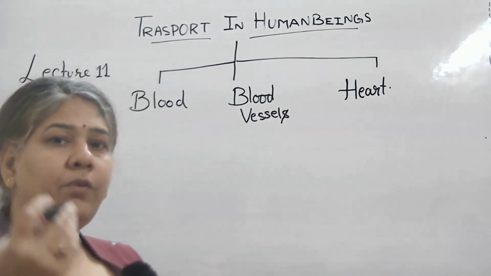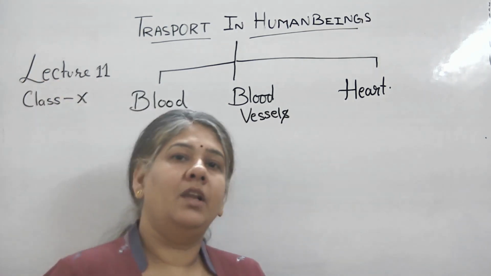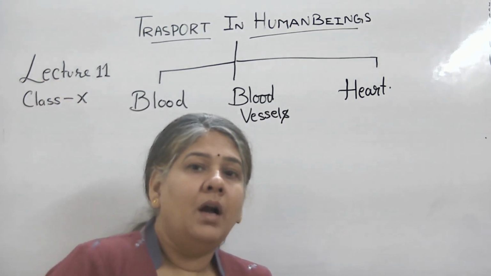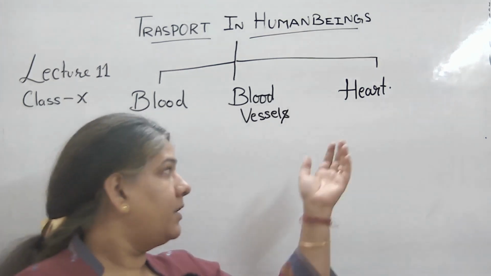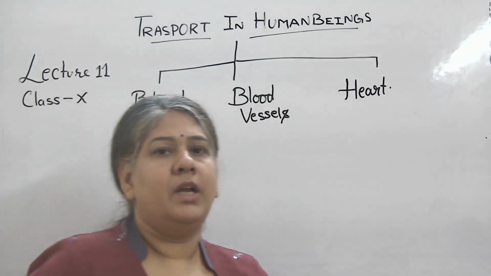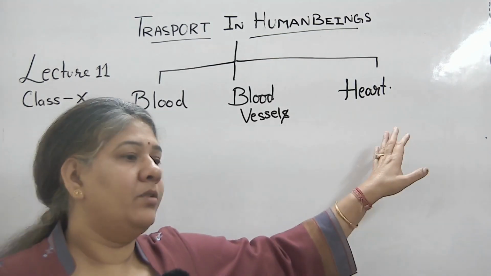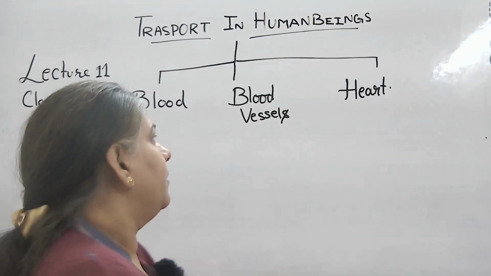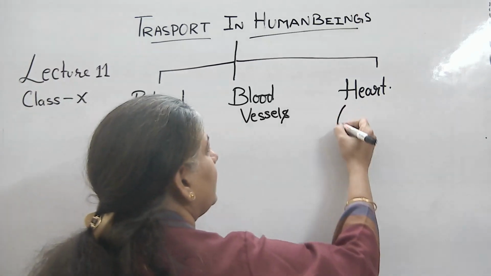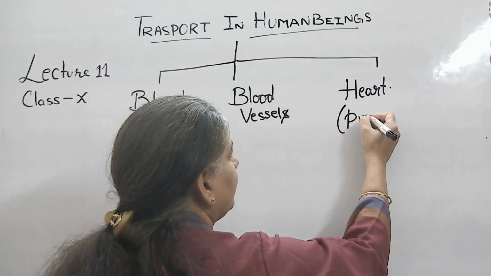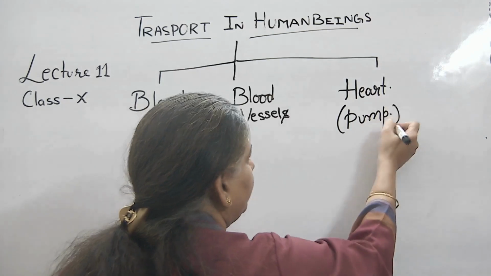See, blood can flow down the gravity easily, but it has to be pumped against the gravity also. That is to the upper part of the body, that is head, chest region, arm. So blood needs a pumping organ, which is our heart. This is the pump.